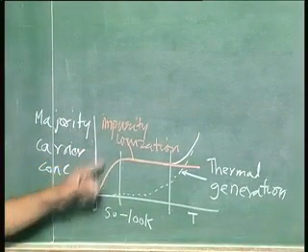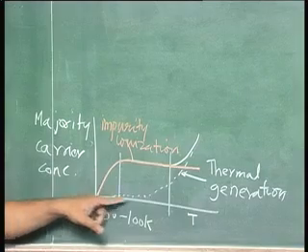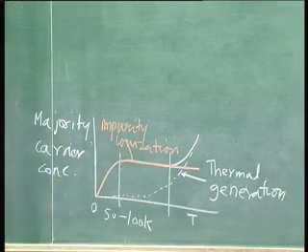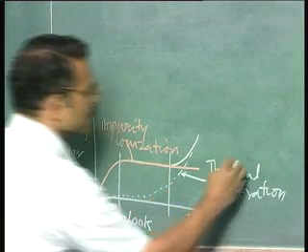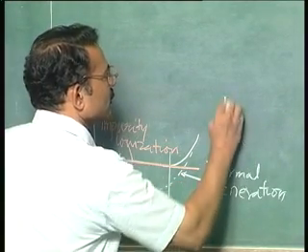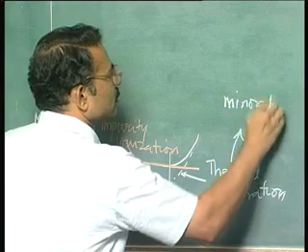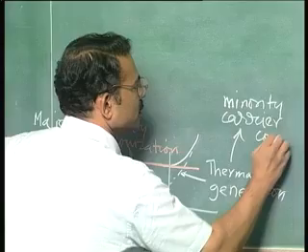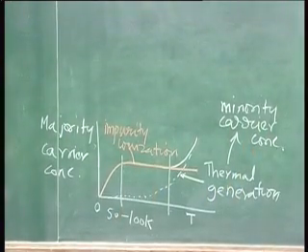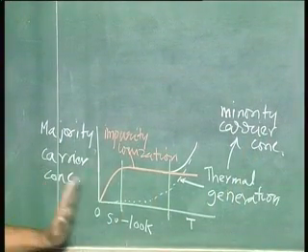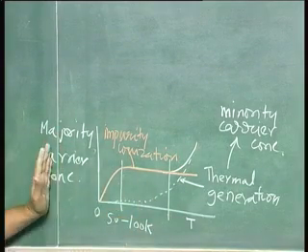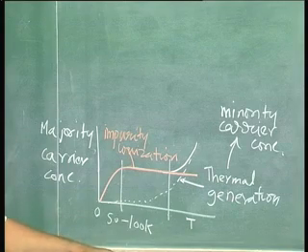And this is the impurity ionization process, this is thermal generation process. So you can say this is the minority carrier concentration, thermal generation. So we are able to qualitatively explain the shape of this carrier concentration versus temperature curve, majority carrier concentration versus temperature curve using the bond model.